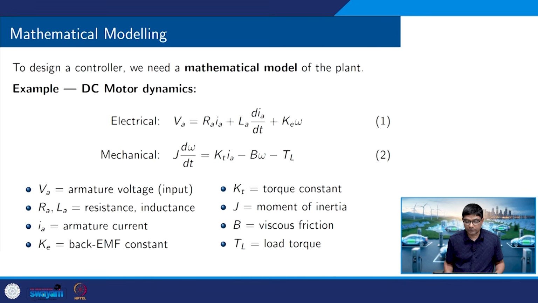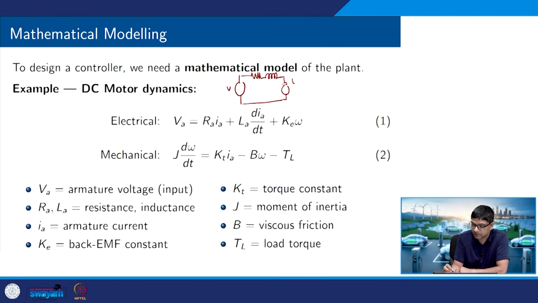Okay. So, if I just take a simple example of a DC motor, how do I write down equations? I have an input voltage. If you just draw a picture, I have an input voltage, the armature resistance, and the armature inductance. This will result in what we call the back EMF. This back EMF is directly related to the angular velocity that the motor generates at the shaft.